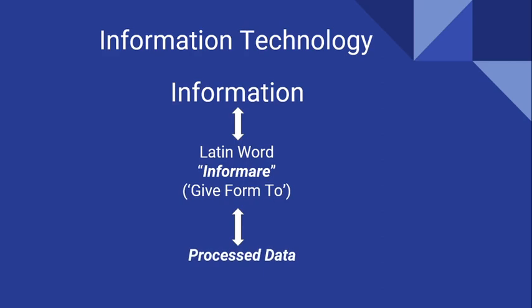When the raw data, the raw facts and figures, are processed, what we get? We get information. That is, in other words, data after being processed manually, mechanically or electronically gives us an output in an understandable form. This human understandable form of data obtained after processing of data is termed as information. This we have already learned.